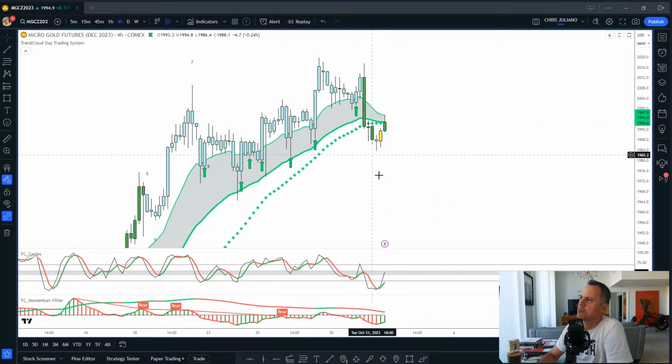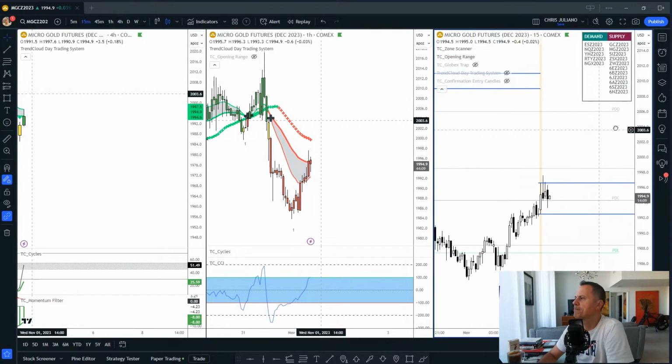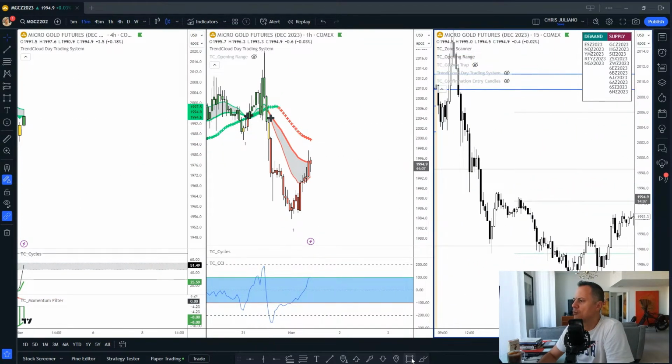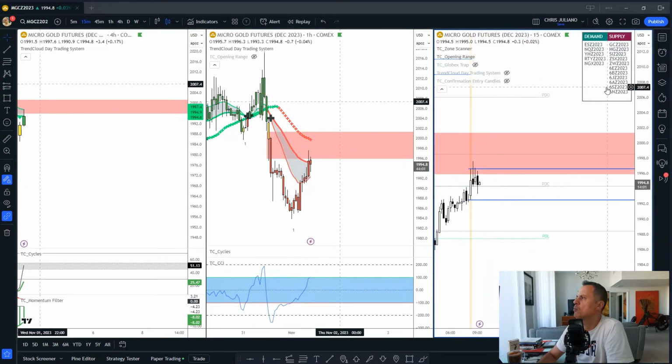Right now, we got this picture: still in an uptrend, but it broke below that 50, and we are making a decision. So gold is making some sort of decision here. So we'll just observe, and we'll go find something that is more in alignment with what we want here.